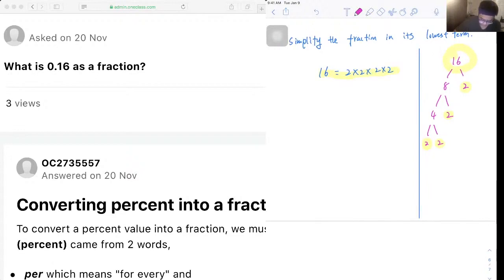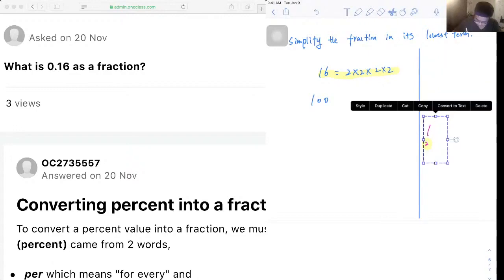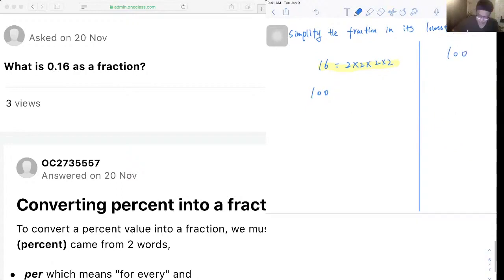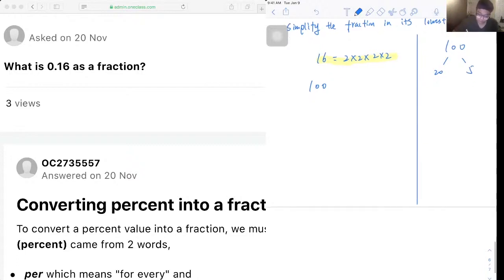Okay, so same thing for the 100. Let's do it this way. Let's say we got 100. First it can be written as 20 times 5, right? Because 20 times 5 is equal to 100, and we know 5 is a prime number already, so we don't need to worry about that.